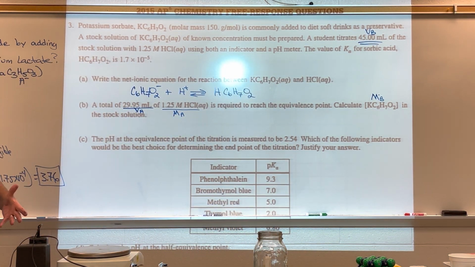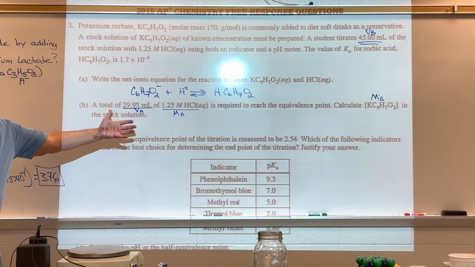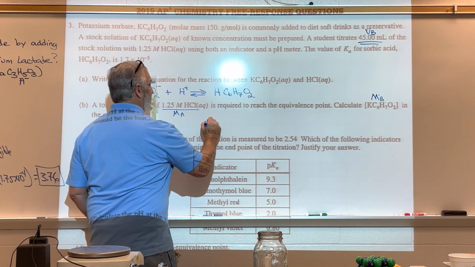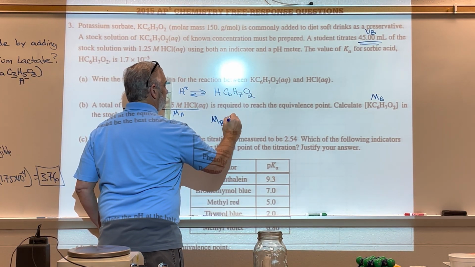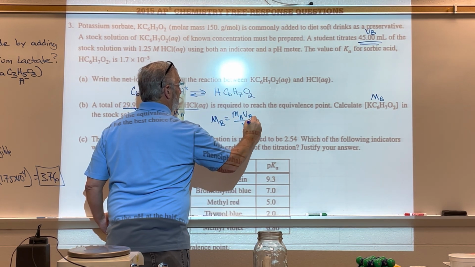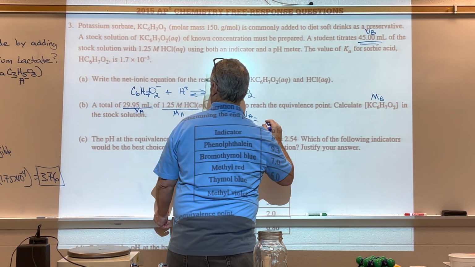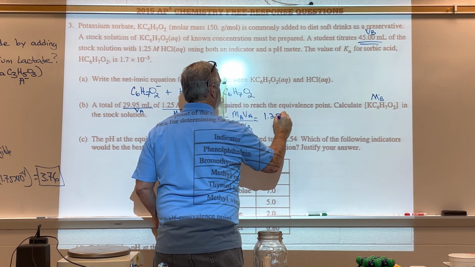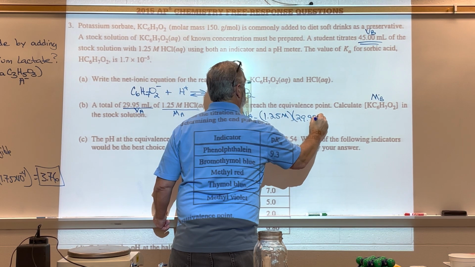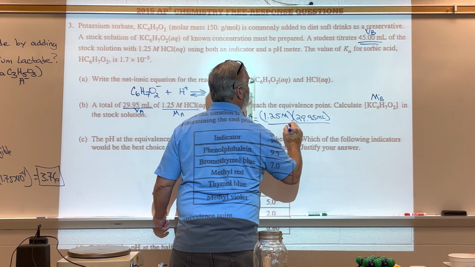So again, we're doing a titration. They give you the volume and the molarity. That's your clue. It's going to be MAVA equals MBVB. So MB is equal to MAVA over VB, which is 1.25 times 29.95 divided by 45.